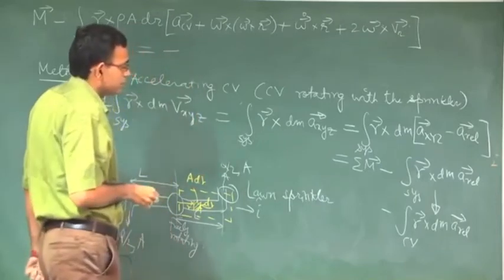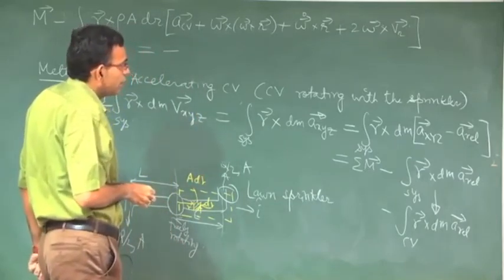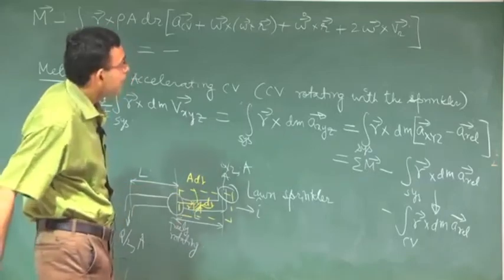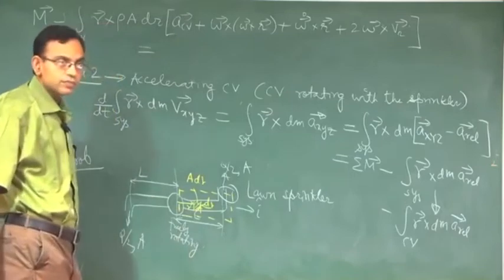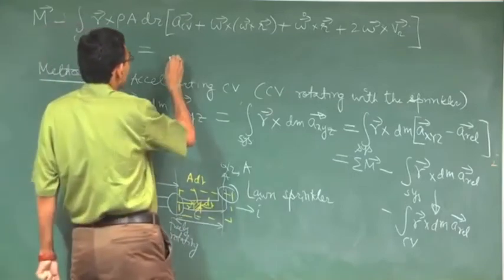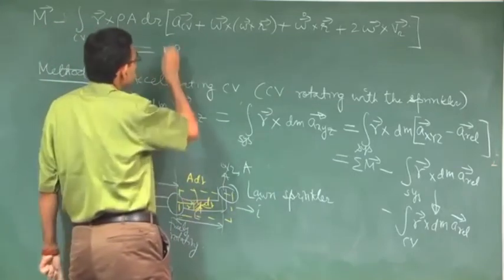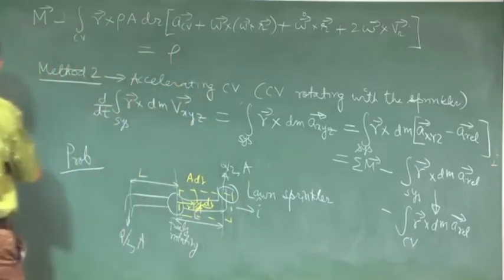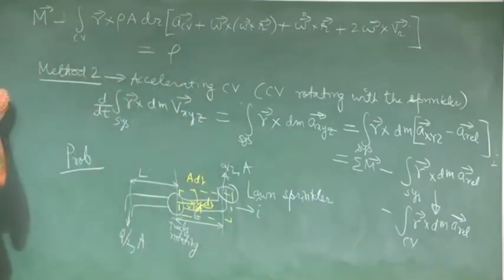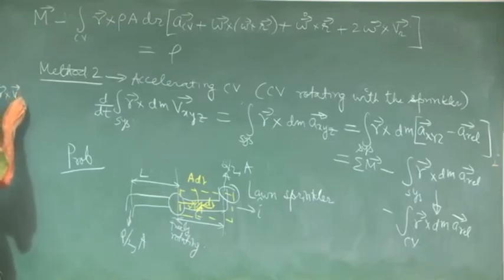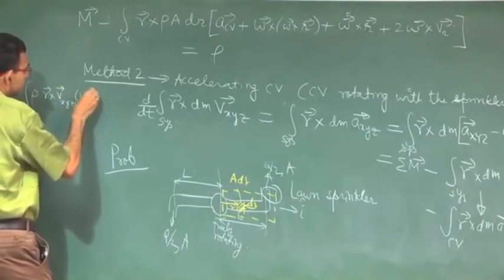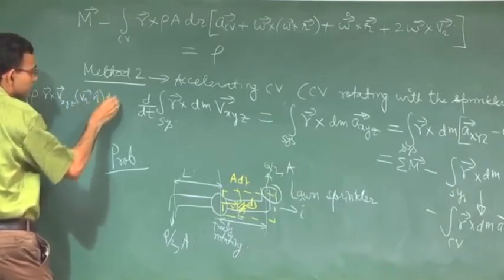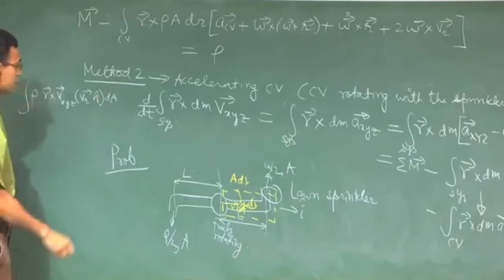Sorry, not minus the outflow, the flow term. So the integral of rho r cross V xyz, right, this is the last term.